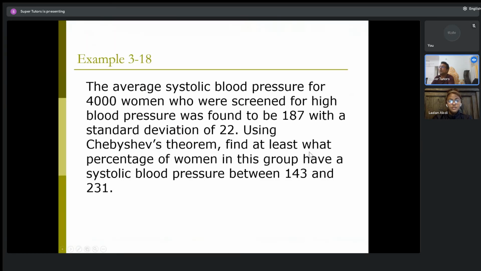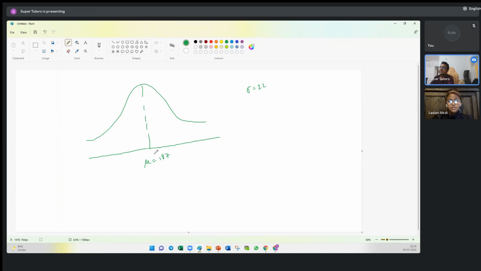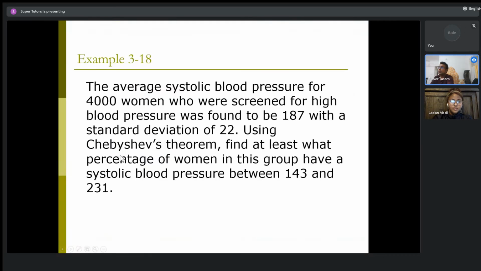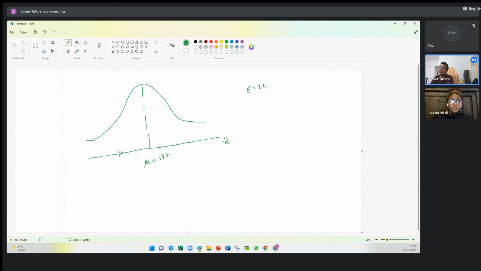Now read the question. Find what percentage of women have blood pressure between 143 and 231. So this horizontal line is of course my X, which is the blood pressures. The mean is 187. So if 187 is this number, 143 would be somewhere to the left of 187, the usual concept of number line where the smaller number is always on the left of the larger number.